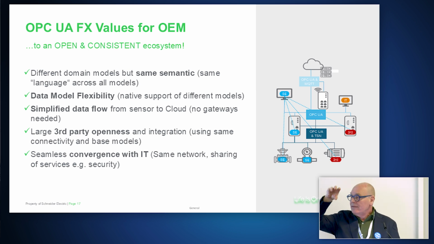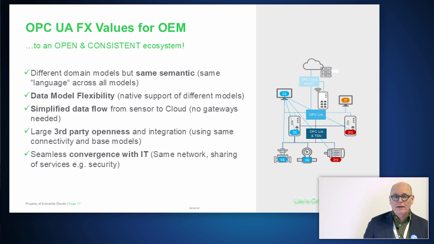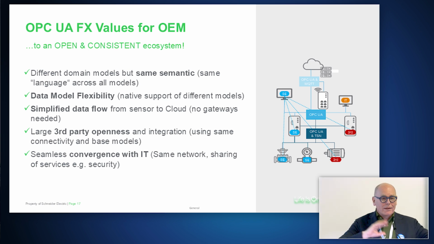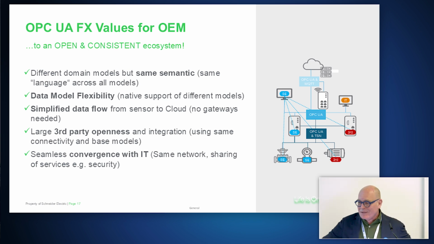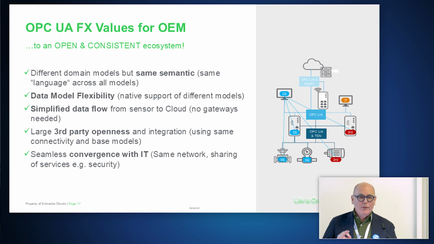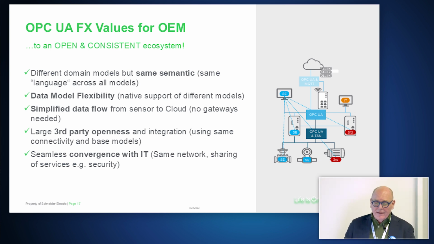Different layers, different models, and you can implement the same semantics. That's really nice. That's a promise. And you are flexible with the data models. I saw the companion specs are growing, I think even more than I know, and on automation it is really there. We have a simplified data flow, and this is the promise, up to the cloud, with the security aspect.